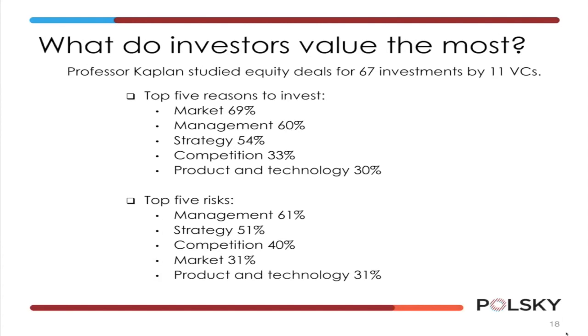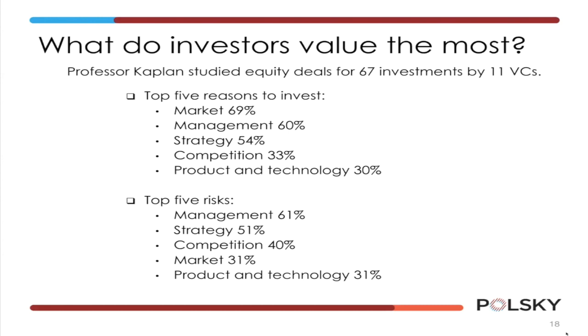And the things that keep them from investing are really the team, the business model, and by business model, I'm using the word, they use the word strategy in this study that Steve Kaplan did, but strategy for a startup is really that business model and your plan. Management, strategy, and if there's too much competition, if there's too much well-funded competition, that will hold the investor back.